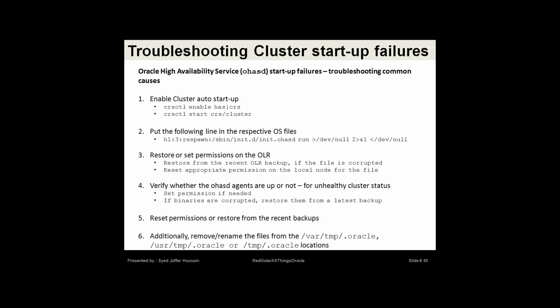In case it's a permission issue, you can reassign the permission and start up the cluster once again. If it is corrupted, try to restore from a valid backup. As I told you, it gets backed up automatically after installation and upgrade. In case you don't have a backup, then you have to deconfigure your cluster and then run root.sh in order to recreate the OLR.